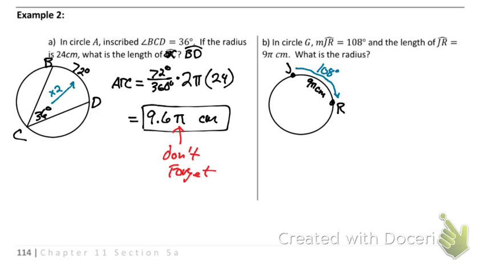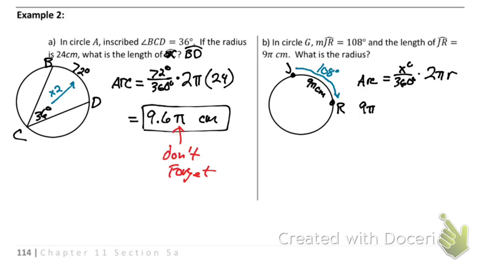Well, our arc length formula is basically our arc is going to equal our x degrees divided by 360 times 2 pi r. So now I'm going to fill in what I know. I know what the arc length is. I know that is 9 pi.